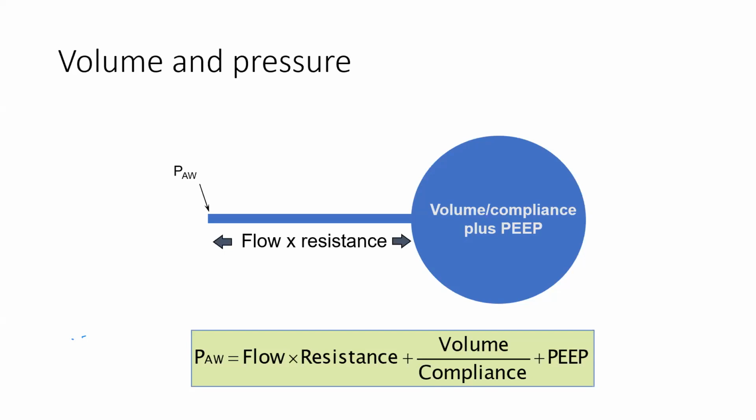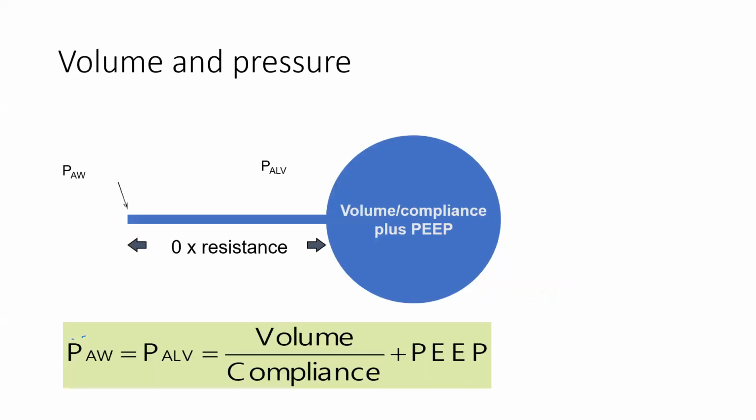So the PEEP plus the volume divided by the compliance plus the flow multiplied by the resistance, all together, compose the peak airway pressure. Now the second slide illustrates an important thing, which is what happens when the flow stops. When you have pumped all the tidal volume inside the alveoli, and stop the flow, you don't allow it to go out during expiration.